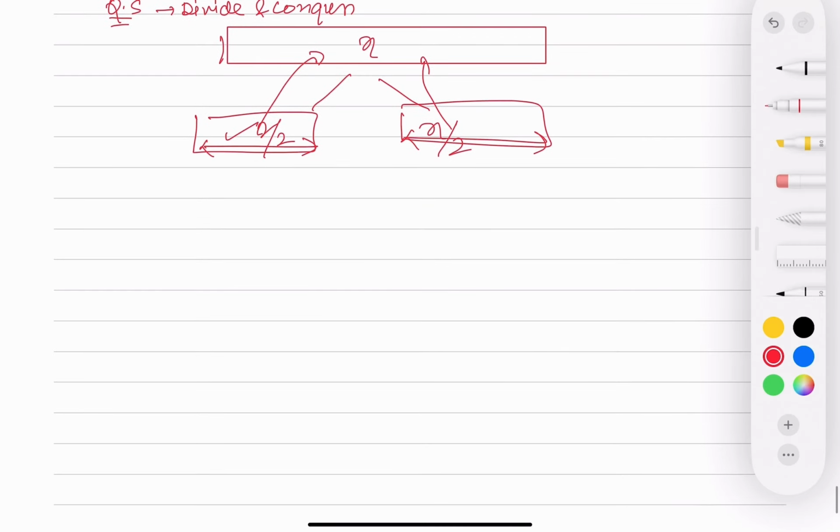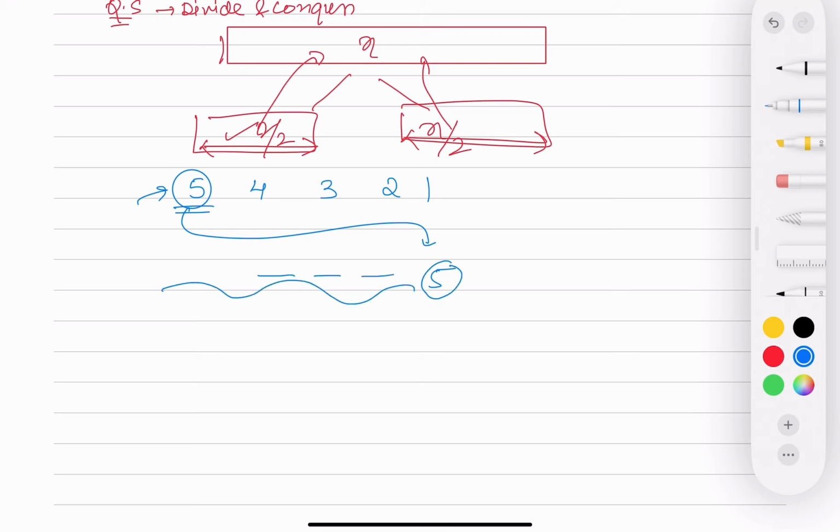But in the worst case, what happens? For example, I have an array 5, 4, 3, 2, 1. And I choose this 5, the first element, as the pivot, that is the largest element. Now its position according to quicksort will be here. So again 1, 2, 3, 4 elements have to come.